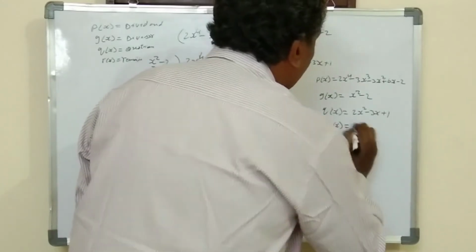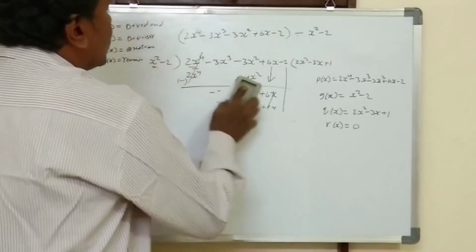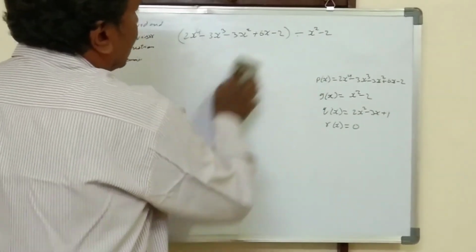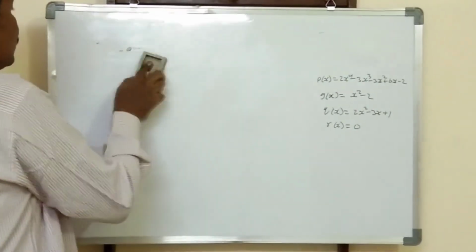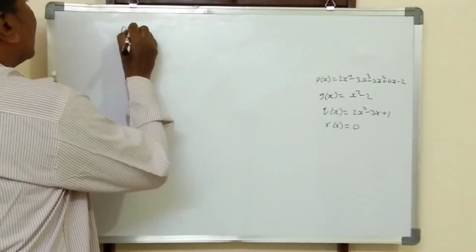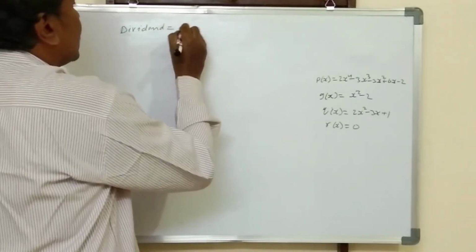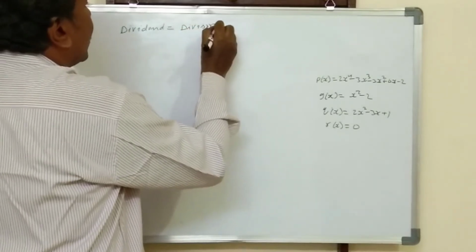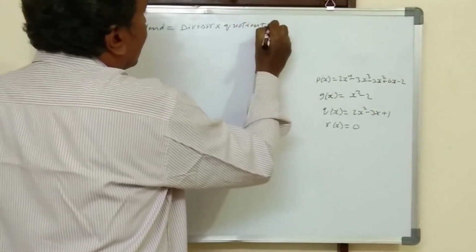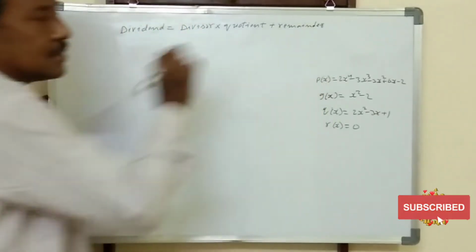The remainder r(x) is equal to 0. Now let us verify. What is the division rule? Dividend is equal to divisor into quotient plus remainder. So this is the division rule.